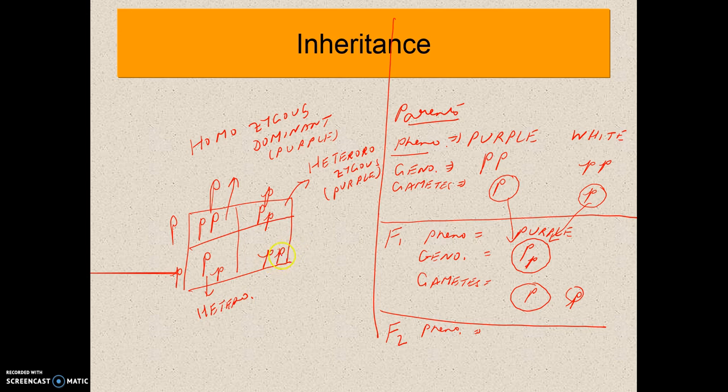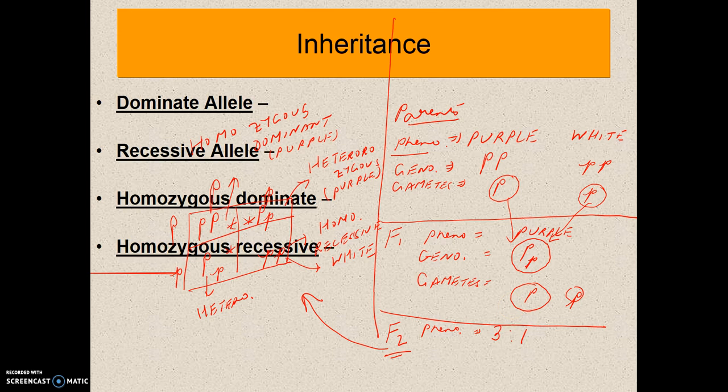Lowercase p, lowercase p would be homozygous recessive, because it's lowercase, and here the flowers would be white. So for your F2 generation, I've drawn a Punnett square, and as you can see, there'll be purple flower, purple flower, purple flower, 3 purple flowers, and 1 white flower in the ratio of 3:1.